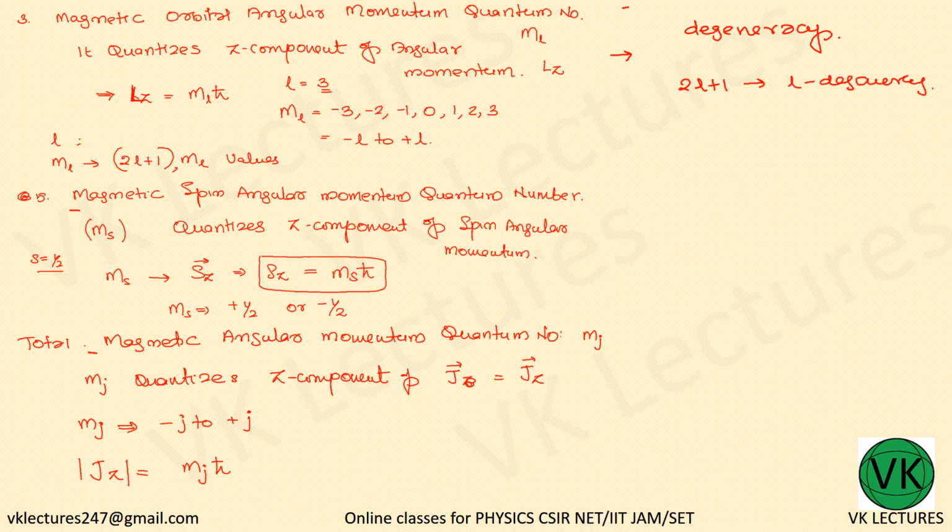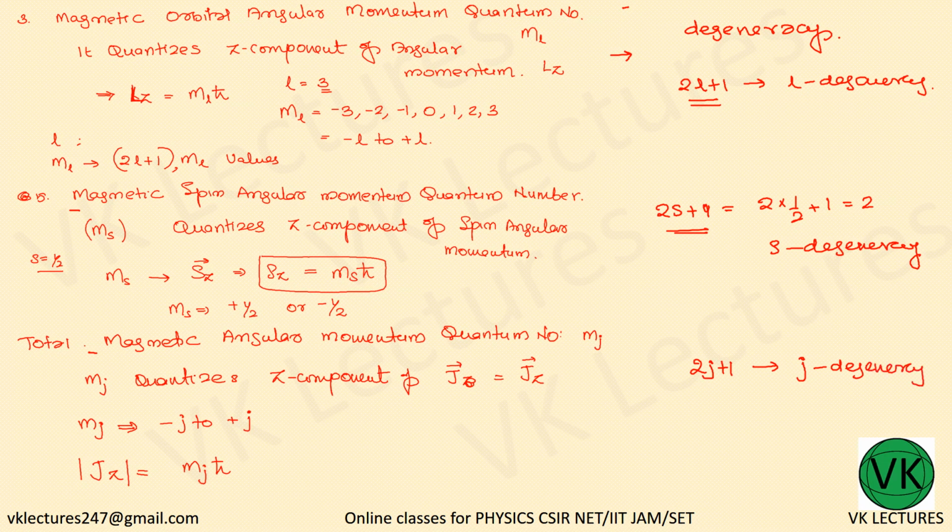And for the magnetic spin angular momentum quantum number, we have 2S plus 1, which will always be equal to 2 into half plus 1, that is equal to 2, and this is called S degeneracy. So L degeneracy is 2L plus 1, S degeneracy is 2S plus 1, and J degeneracy is 2J plus 1.